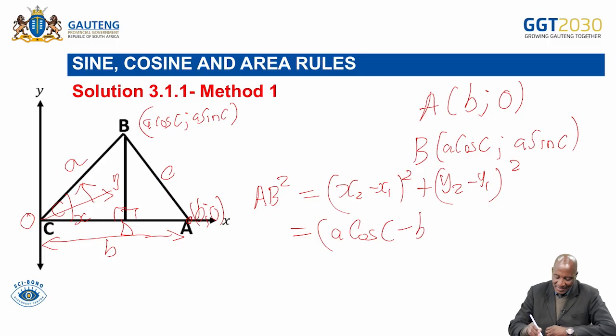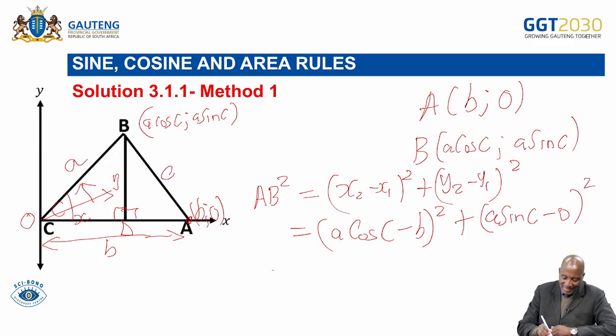It is B. Then we square this, plus we go to y, which is A sine C minus, that is y2, 0 there. Then we square. We proceed and simplify. Let's expand this. What are we getting?